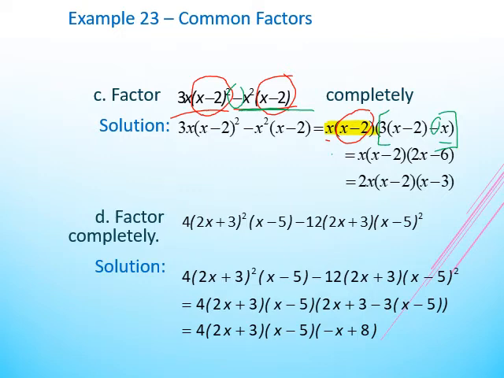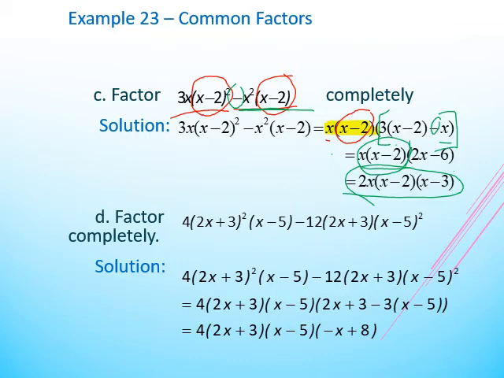So the result will be x times (x minus 2), which is our common factor, times 3x minus 6 minus x. Positive times positive equals negative times negative equals positive sign, so it will be positive 2x minus 6. And the final result will be 2x times (x minus 2) times (x minus 3).